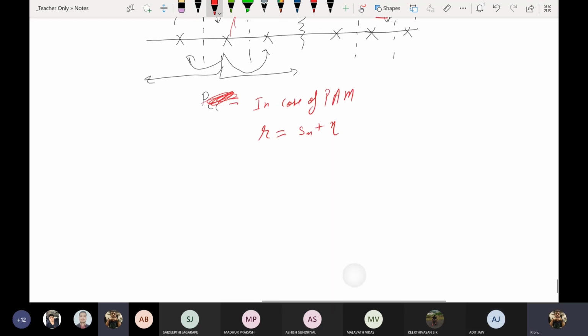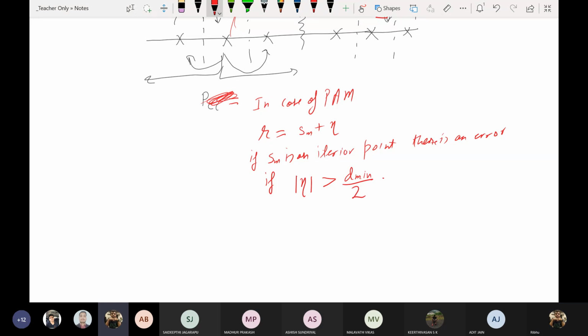So if SM is an interior point, there is an error if eta is greater than d min by 2, because eta is a random number, it can be positive or negative, right?